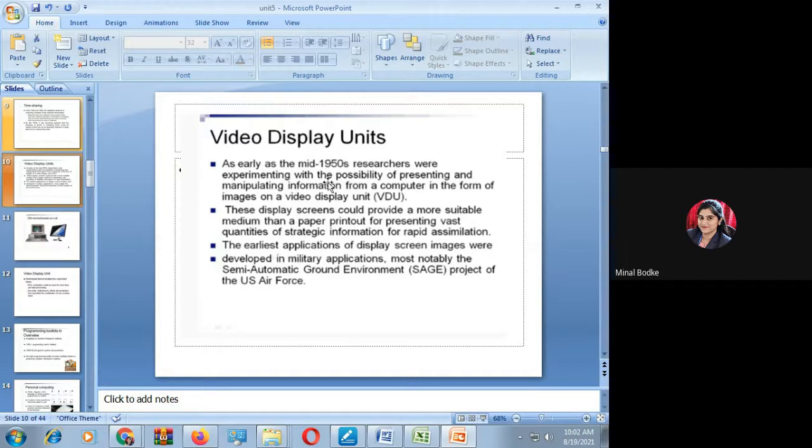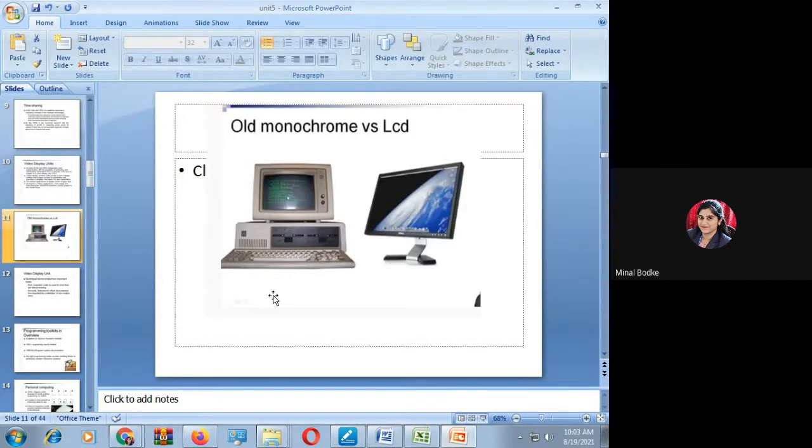Sketchpad is used for graphics designing, where you have a light pen, and using that light pen you can draw objects using y coordinates and x coordinates. We have seen how the Sketchpad looks in the third unit. The display unit was converted into this form, just like your CRTs, your television sets.